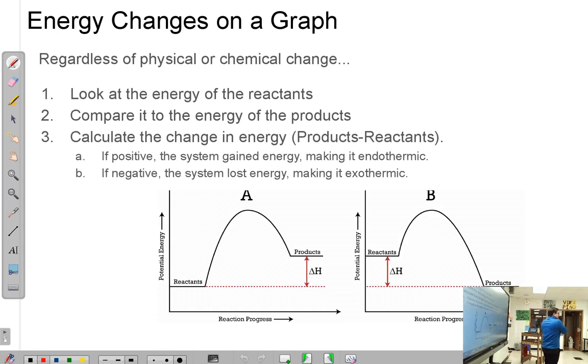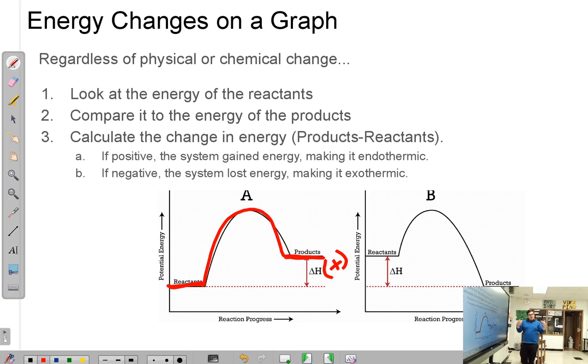Let's look at a graph. One of these is endothermic, one of them is exothermic. What we notice is, if your total enthalpy starts off lower than what you end with, our change in enthalpy is positive.